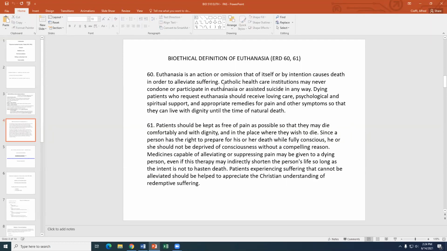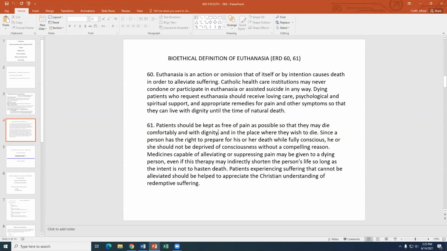All right, so dying patients who request euthanasia should receive loving care, psychological and spiritual support, and appropriate remedies for pain and other symptoms so that they can live with dignity until the time of natural death. By natural death, we mean that at least one vital organ is dying irreversibly. Okay.